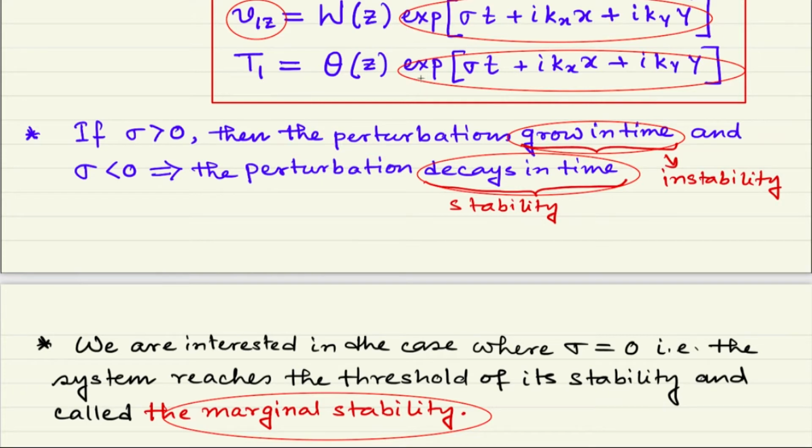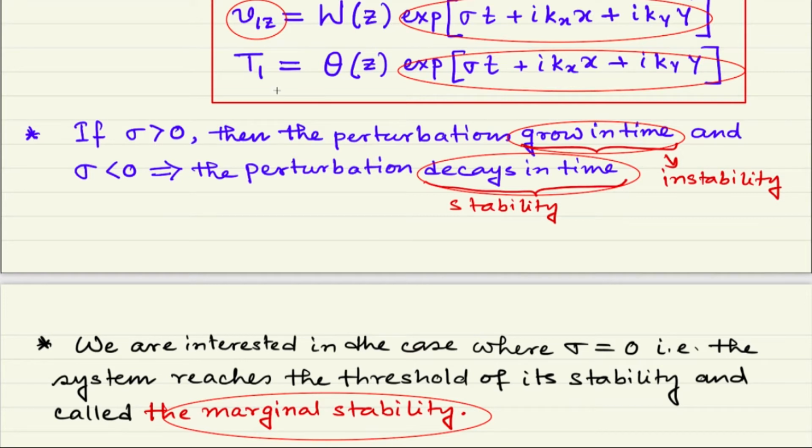But if the perturbation grows in time, then even if you have oscillatory solutions in space, they will actually grow, and their amplitude will also grow in time, making the system unstable.